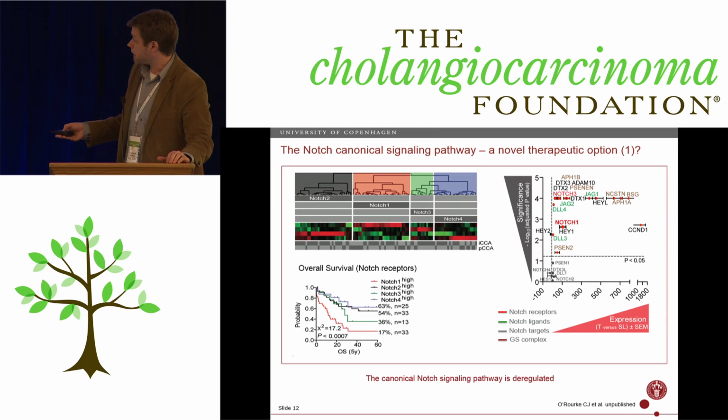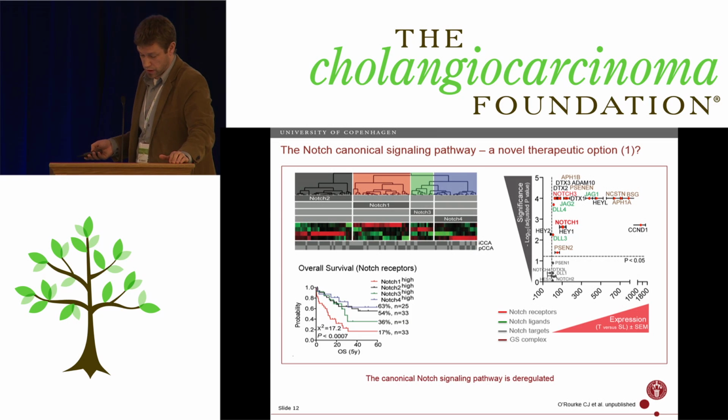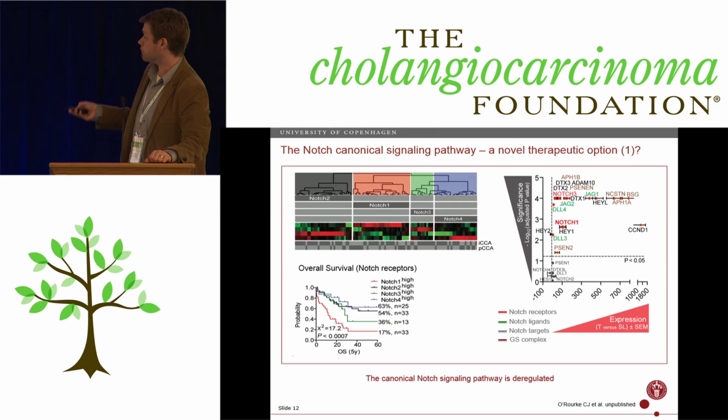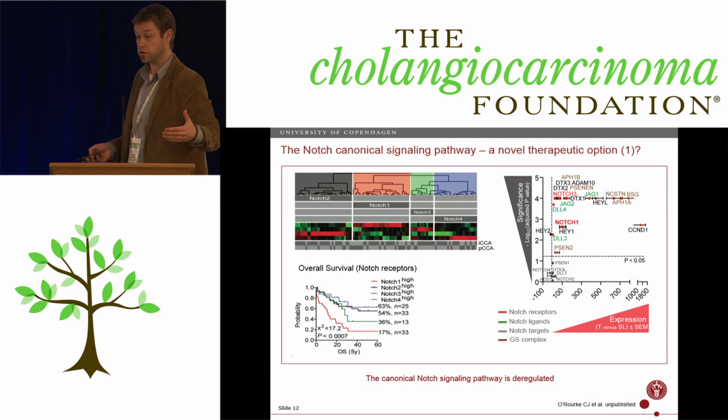That made us pull out the majority of the NOTCH signaling pathway: the NOTCH receptors, the NOTCH ligands, the NOTCH targets, or at least some of the targets, and the gamma secretase complex. This scheme was then devised for overexpression in the tumors compared to matched surrounding tissue. So the more to this direction, you have higher tumor expression. The more towards the ceiling of this, the more significant. And as you can see, a very big proportion of the entire network is significantly overrepresented in the tumor.